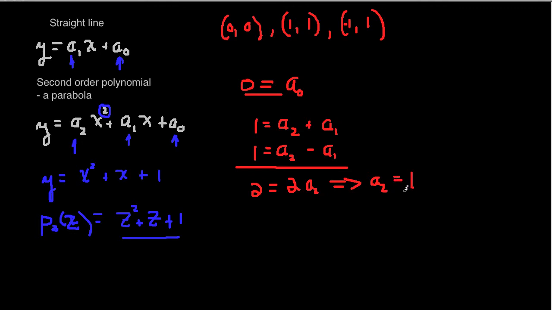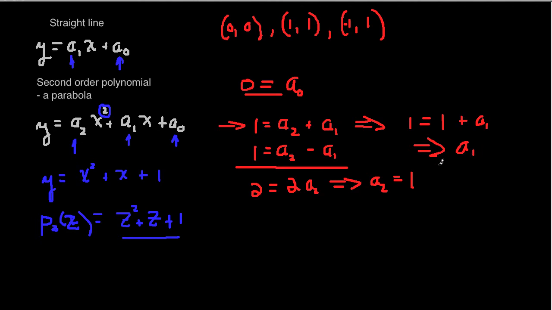If a2 is equal to 1, then I look at this first equation right in here. I want to solve this for a1. It tells me that 1 equals a2, which I just computed to be 1, plus a1. And this tells me that a1 is equal to 0.